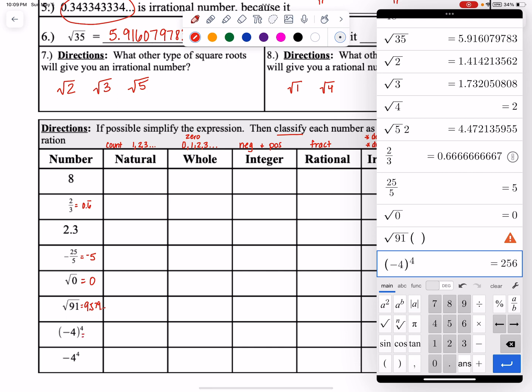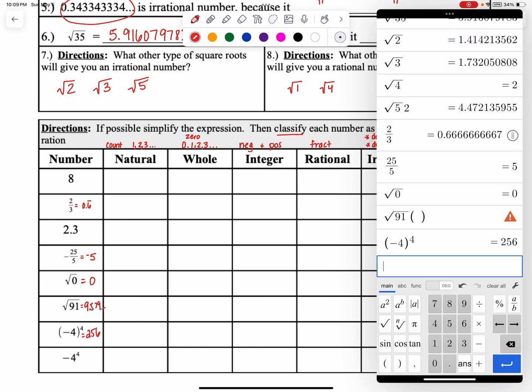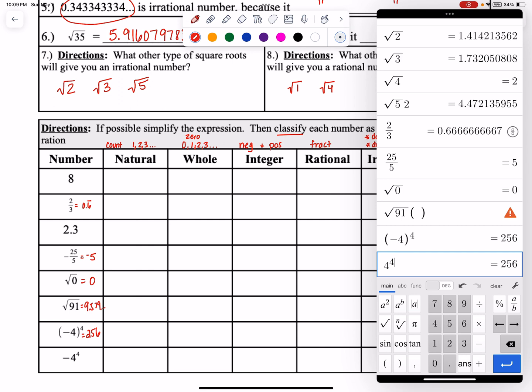So this equals 256. Then we have 4 to the 4th power. That doesn't have the negative in parentheses, so that's just 4 times 4 times 4 times 4, which is 256, and then make it negative. So you have to know how that works too, and we've talked about that a lot.